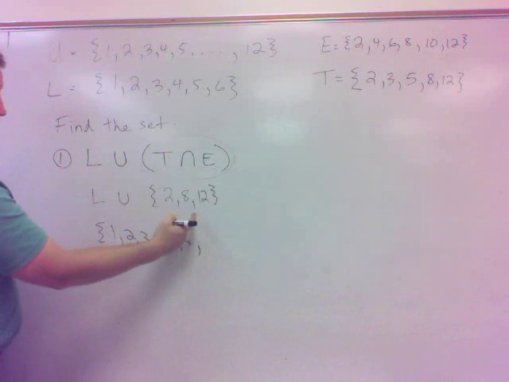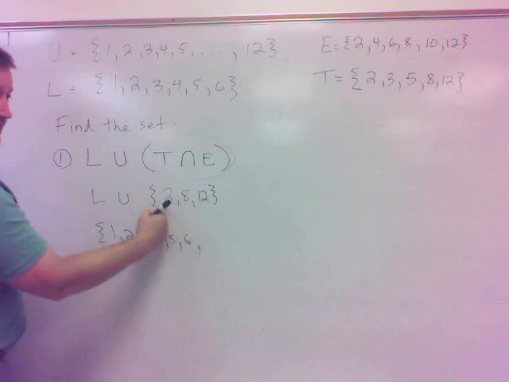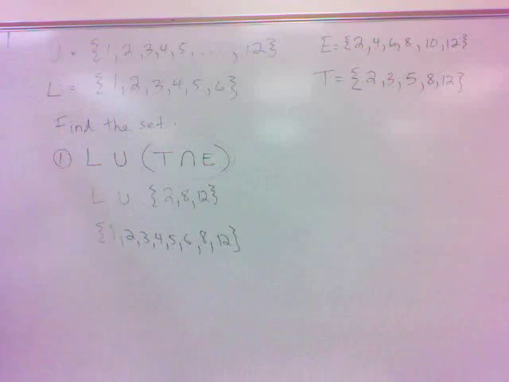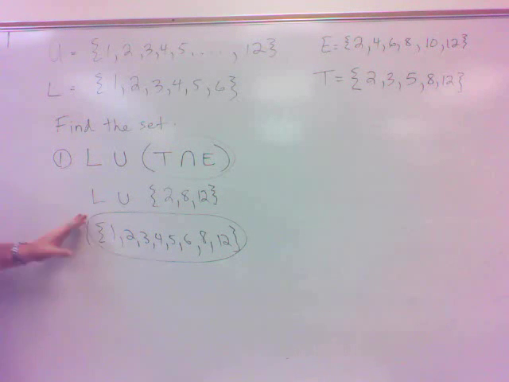And then what else? 8 and 12, because I already got the 2. Just everything in both sets put together. Okay? That would be the result. So L union, parentheses, T intersection E is this set right here. Okay?